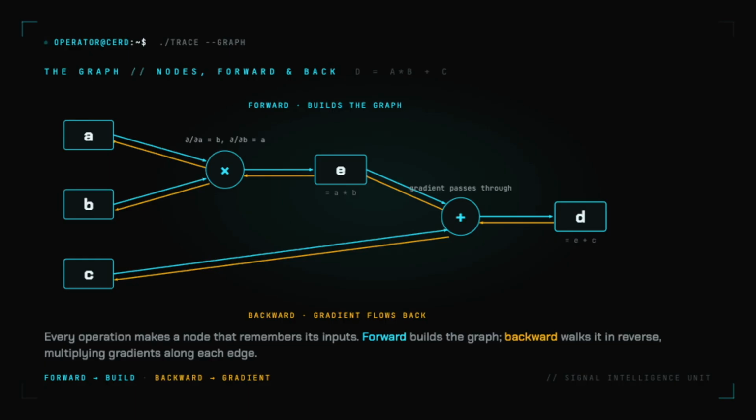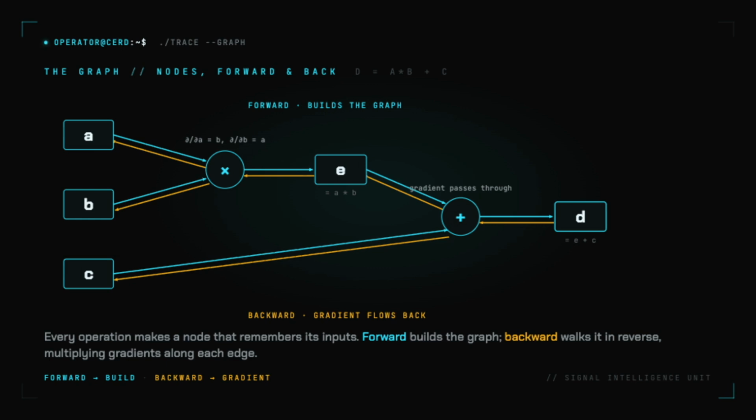So now we need to touch on the chain rule. So we've got a graph. Every node knows how to pass its gradient back. And the thing that actually makes it all work is the chain rule. So in one confusing sentence: if z depends on y and y depends on x, the effect of x on z is just those two effects multiplied together.